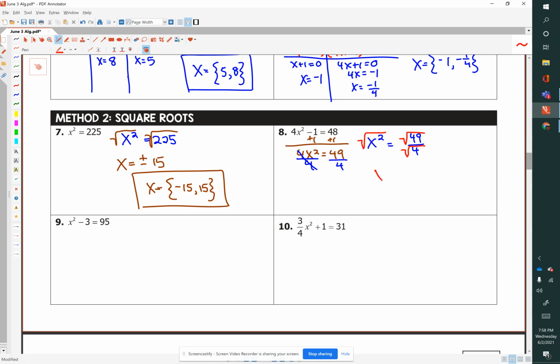So what we have is x equals plus or minus the square root of 49 is 7, the square root of 4 is 2. So let's write that in set notation. So we have set negative 7 over 2, comma, positive 7 over 2.